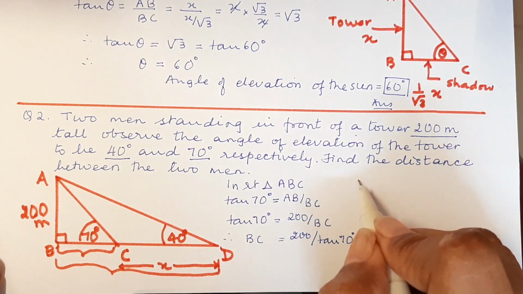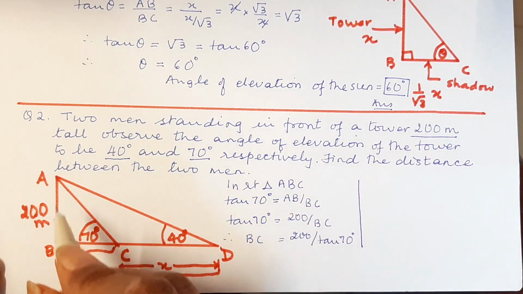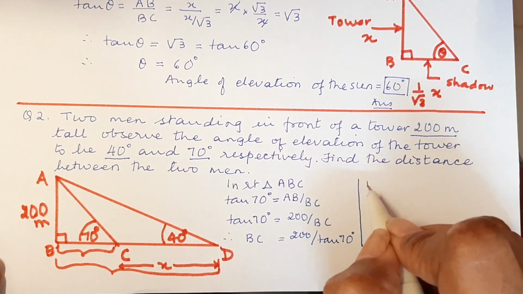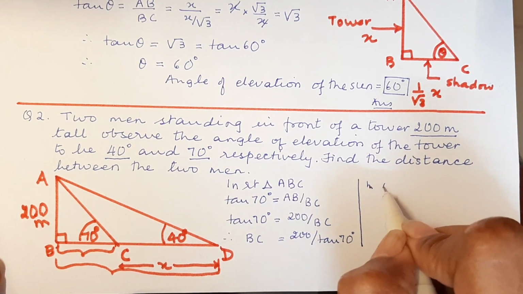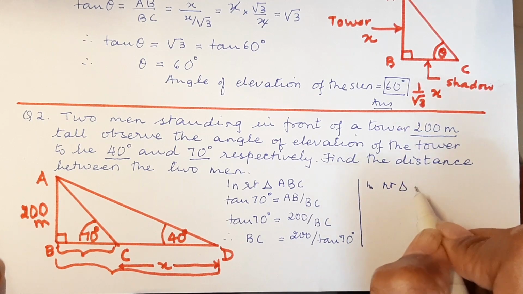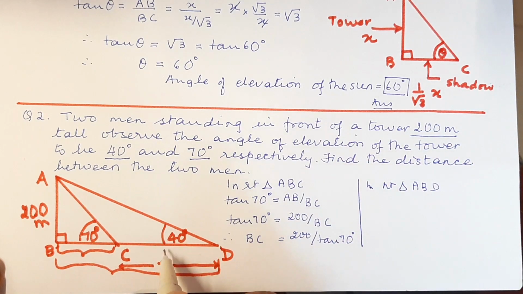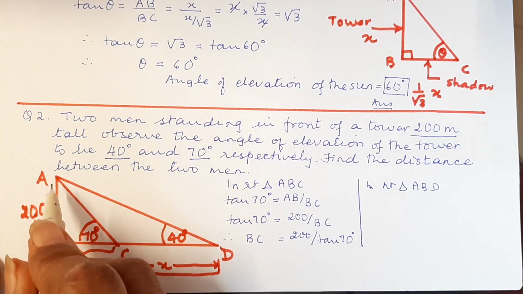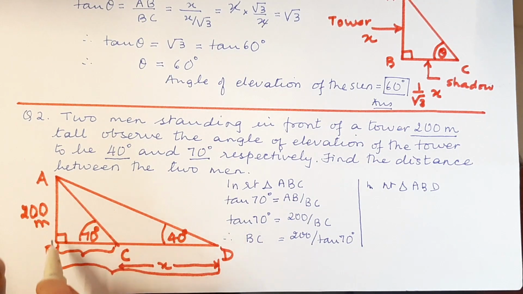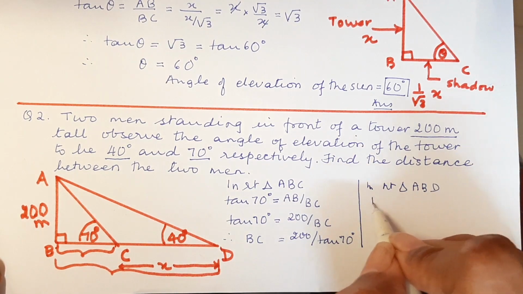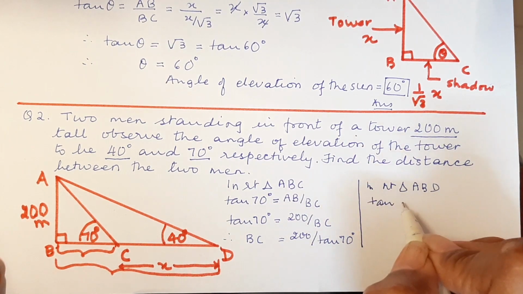Now let us look at our second right triangle ABD. In right triangle ABD, we will have 40 as the angle of elevation, which will have AB as opposite and BD as adjacent. So that will give us the tan ratio.